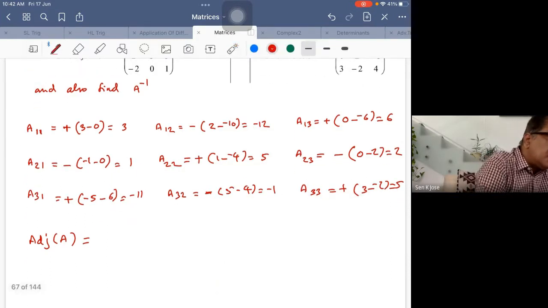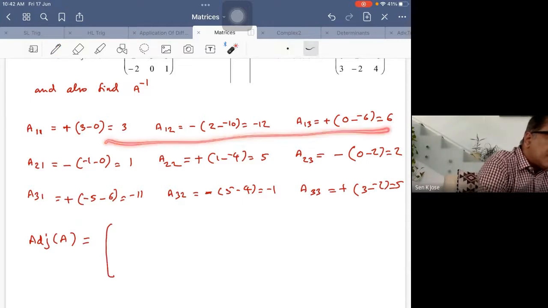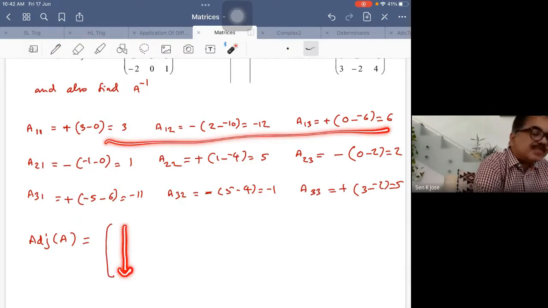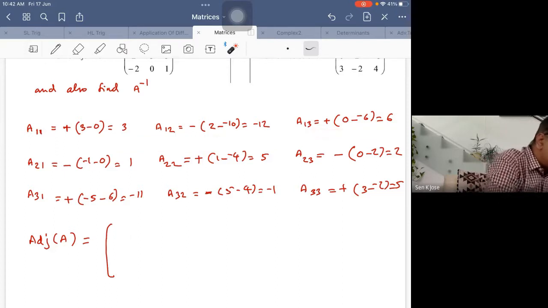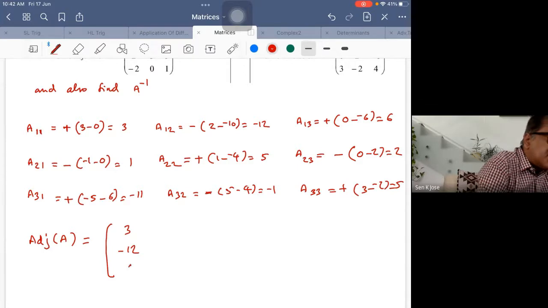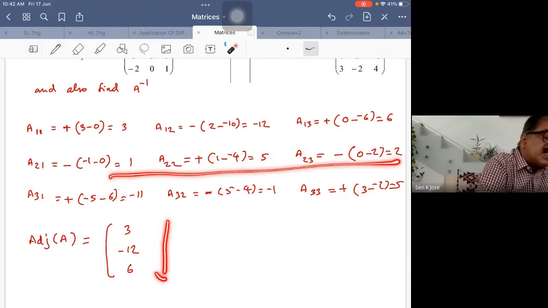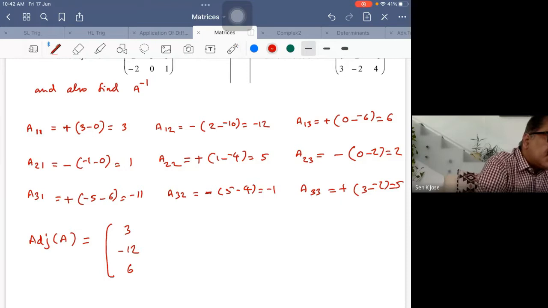So the adjoint of A would be, read the first row, write as the first column, which means 3 minus 12 and 6. That's the first row, written as the first column. Now read the second row, write as the second column, because adjoint is transpose of the cofactor.